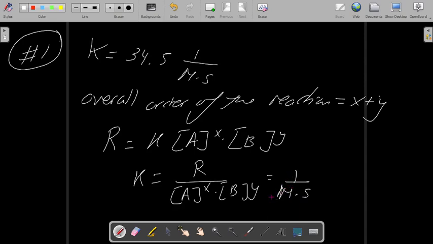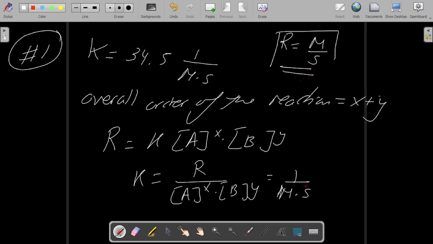With these units, we should be able to see where X and Y are coming from. We know that the units for the rate are molarity divided by second. We know this because I gave you a PowerPoint a minute ago that told you those were the units.